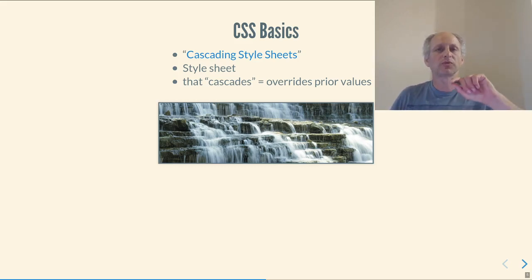And those more specific rules will override the basic rule for the element. So you can have a rule for all paragraphs and a rule for paragraphs with the class of special, and the special rule will override the main paragraph rule.